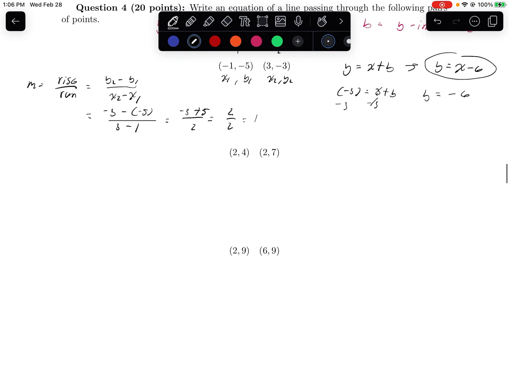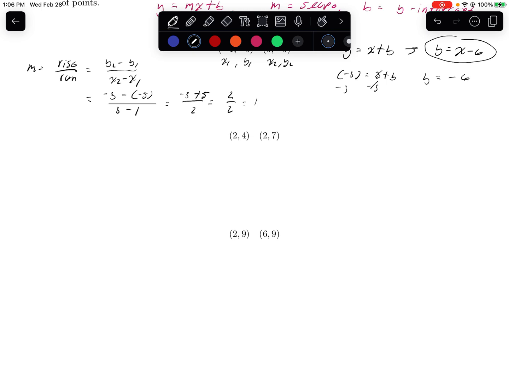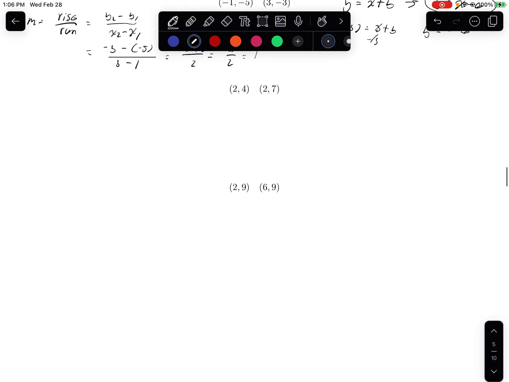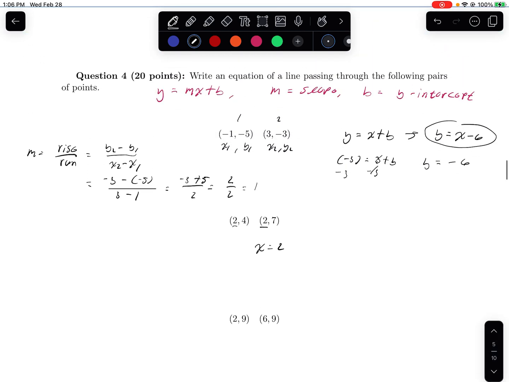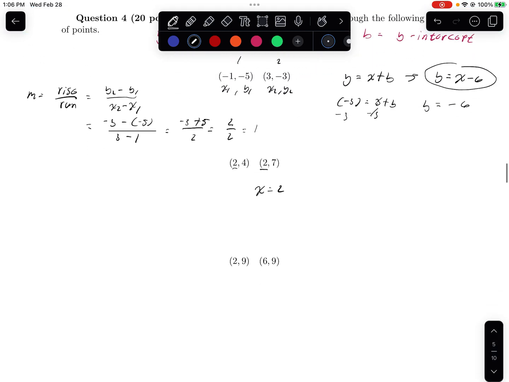Now let's look at this set of points. Here we have (2, 4) and (2, 7). What we want to notice is that they have the same x values. If you see 2 points that have the same x value but different y values, all you have to do is write the equation x equals whatever that number is.